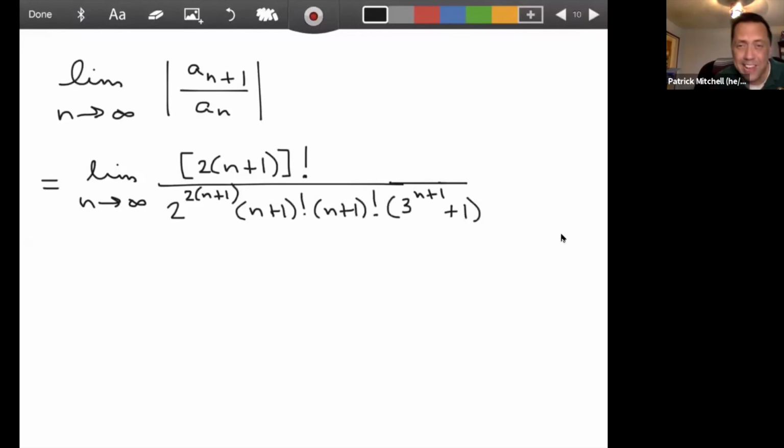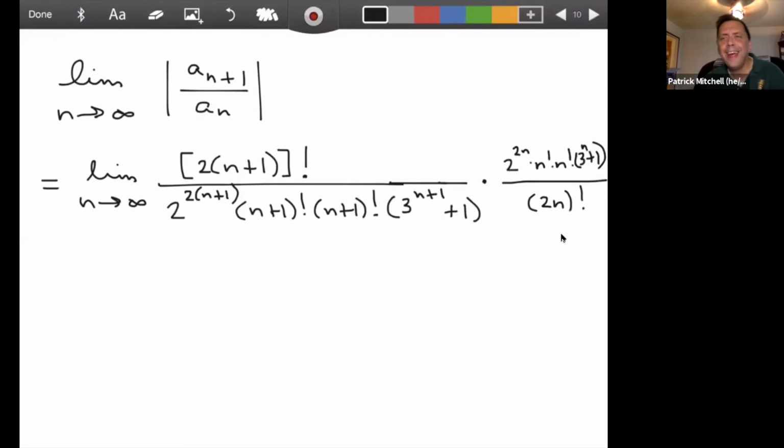Okay, that's just a sub n plus 1. And now I have to divide by a sub n. How am I going to squeeze this in here? Well, it's going to be 2 to the 2n times n factorial, 3 to the n plus 1 over the factorial of 2n.